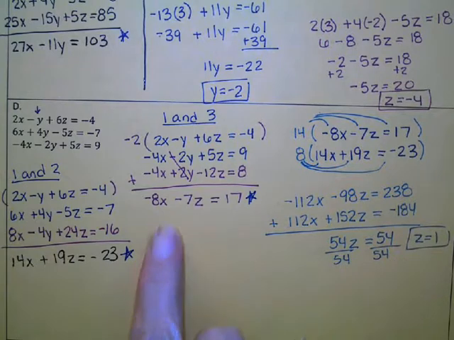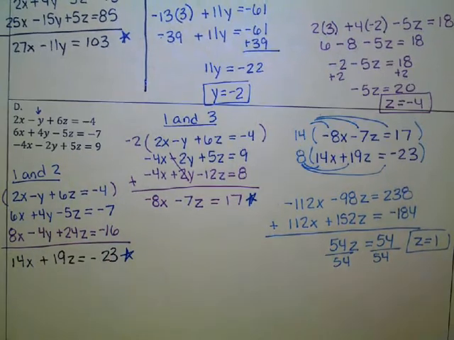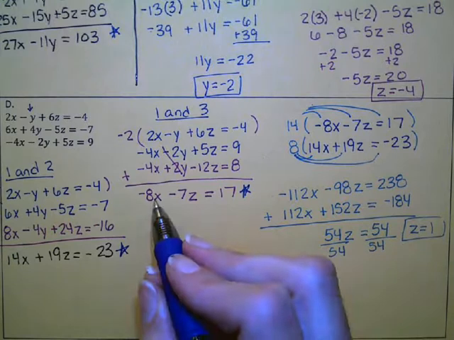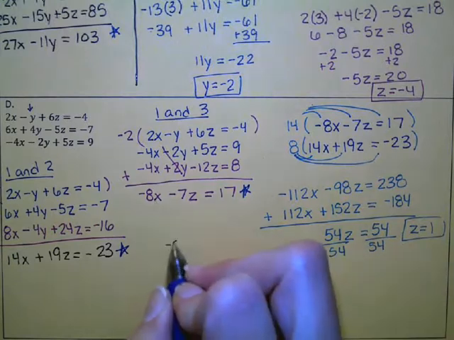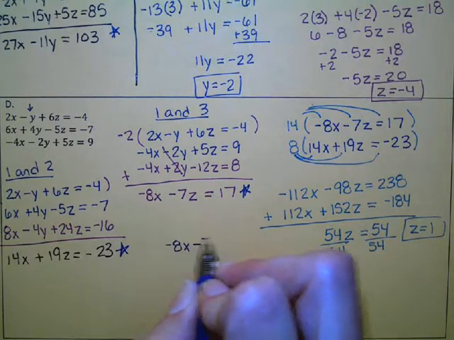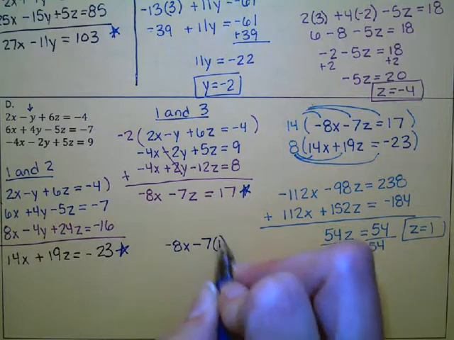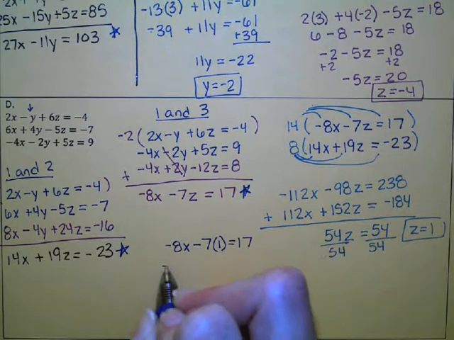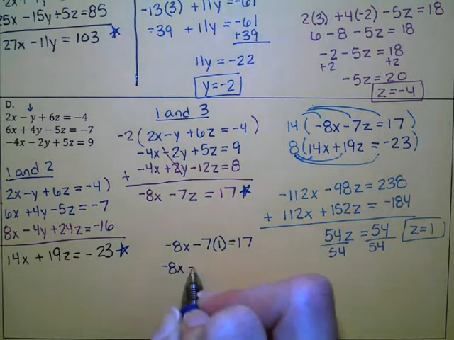Looks like z equals 1. Remember, once you have one letter, you want to work back to where there's two letters. And once you have two letters, you work back up to where there's three letters. So if you plug in z, negative 8x minus 7 times 1.